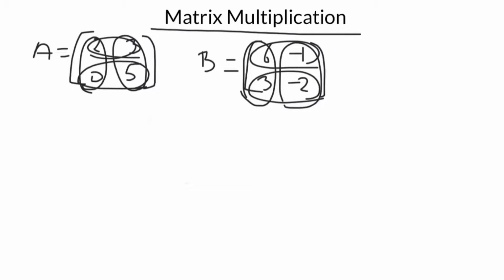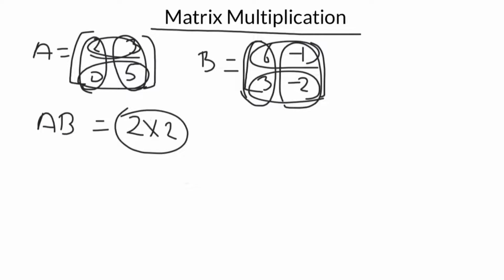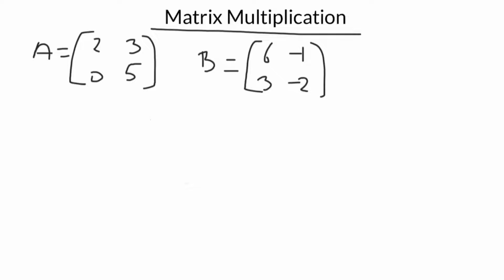So the resultant matrix AB after multiplication of these two matrices will also be of order 2 by 2. So it will also have two rows and two columns in it. So we need to find out each and every element of this matrix AB.